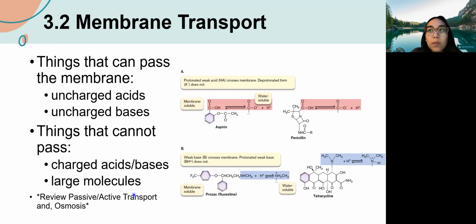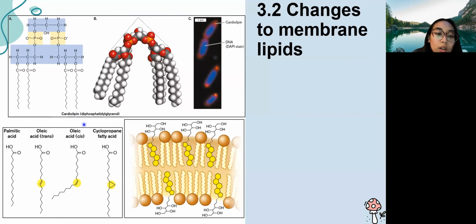All righty. So when it comes to the cell membrane, because bacteria are always put into different stressful environments, very hot environments, things like that, they can alter their membrane lipids based on the situation that they're facing. So for example, this molecule here called cardiolipin.